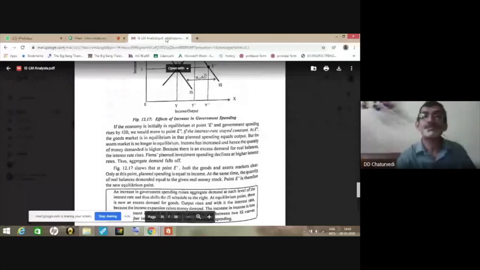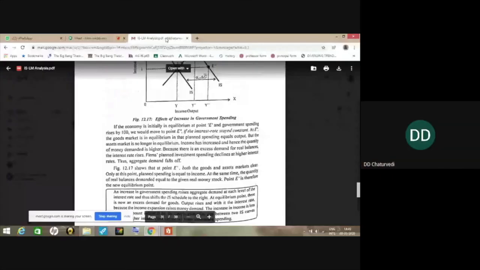A rise in government spending raises aggregate demand at each level of interest rate. That will cause a shift in the IS curve. At each equilibrium point, there is now excess demand for goods. And this excess demand for goods can be taken care of, but with this, the interest rate will also rise.